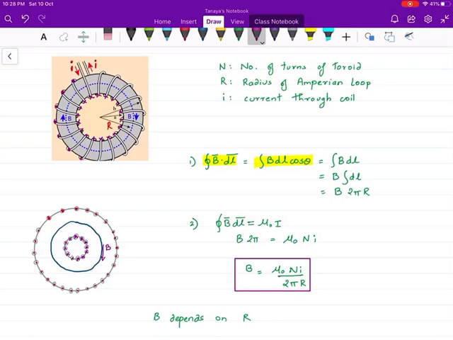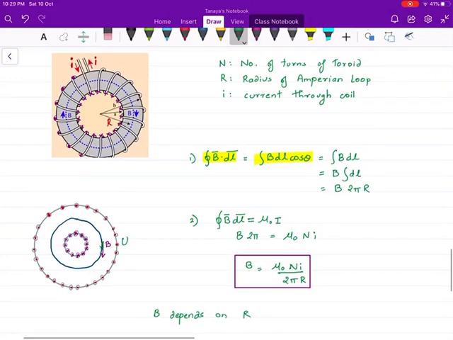Similar to a solenoid, we get the direction of B. dl is a small length, so it is also acting in the same direction. So theta is equal to 0, cos theta is equal to 1. So this becomes integral B dl.